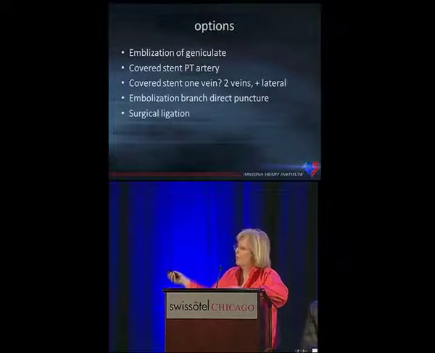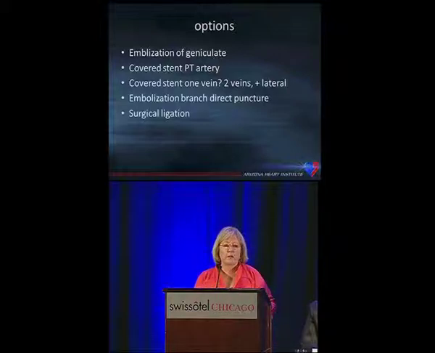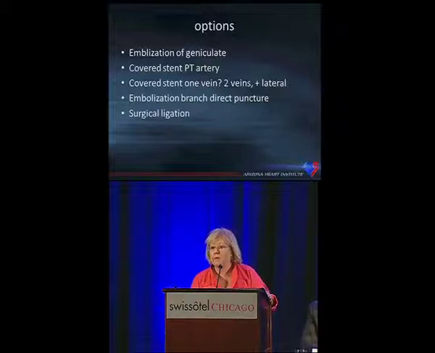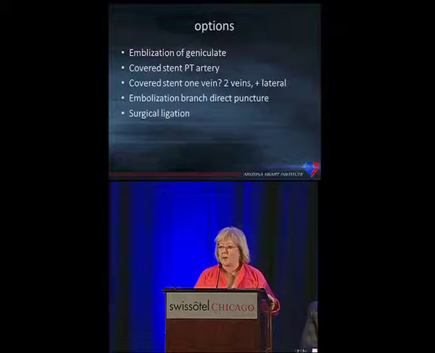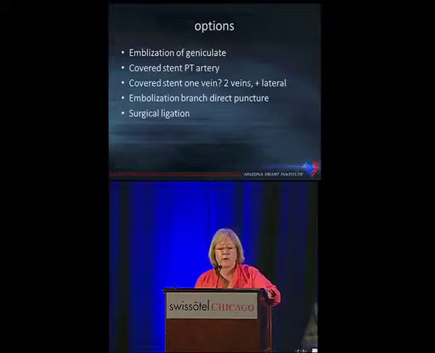And we thought about surgical ligation. When I presented this case, I said, before I start embolizing these vessels, does anyone want to just do an open surgery and just ligate this branch? And no one wanted to do that. So we ended up doing some embolization of the branches from the posterior tibial and the anterior tibial.